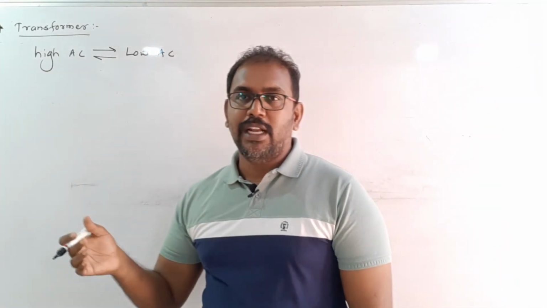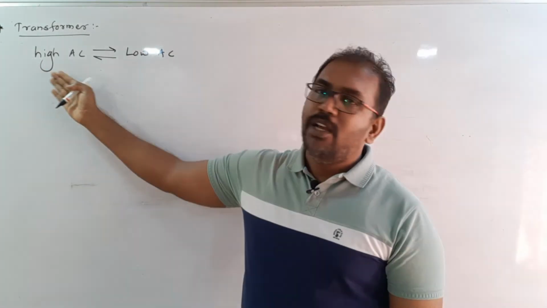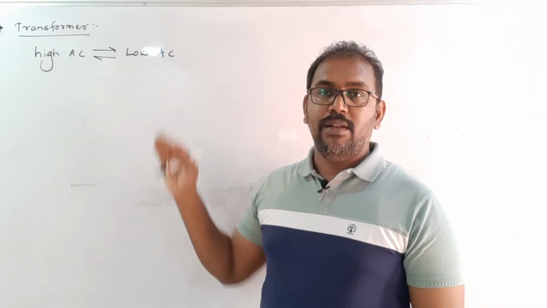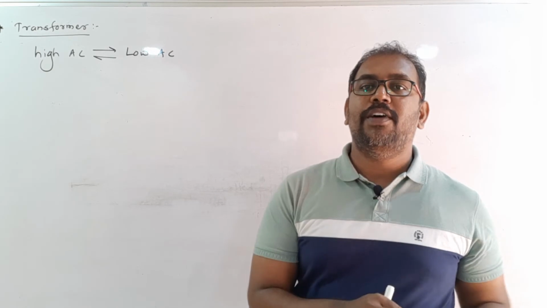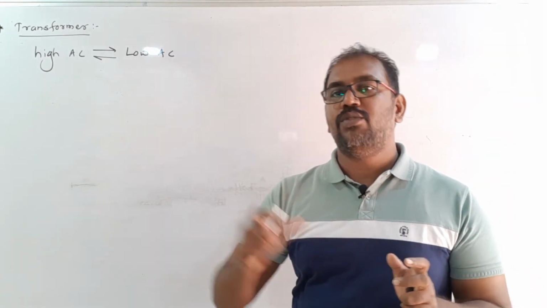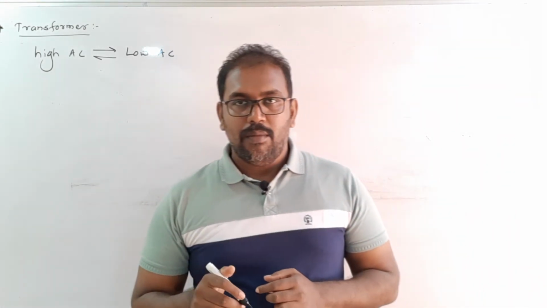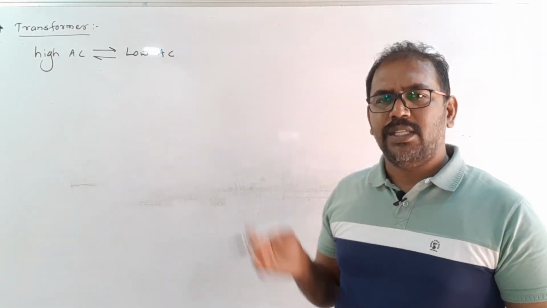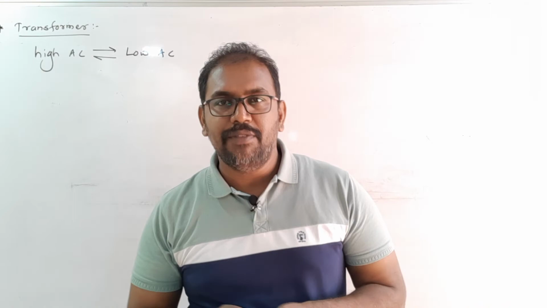Basically, a transformer can convert 230 volt AC to 6 volt AC. Then after the transformer, we use a rectifier to convert that 6 volt AC to 6 volt DC, because to charge a mobile battery we require DC.